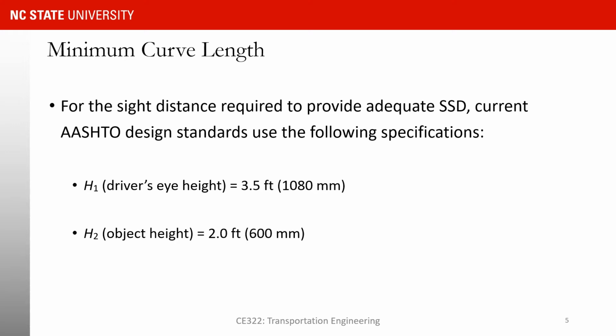So the design value for H2 is 2 feet or 600 millimeters. Now, what is going to happen if we plug in these two numbers in the previous equations that I showed you? We can plug these numbers in and actually simplify them a bit.